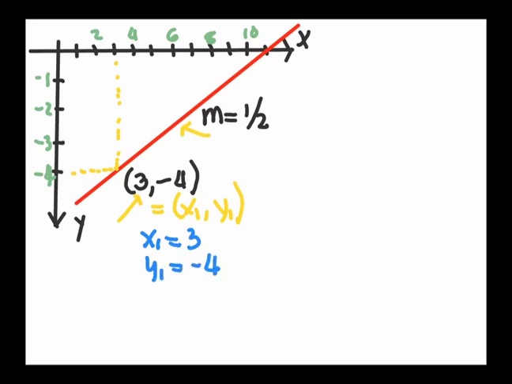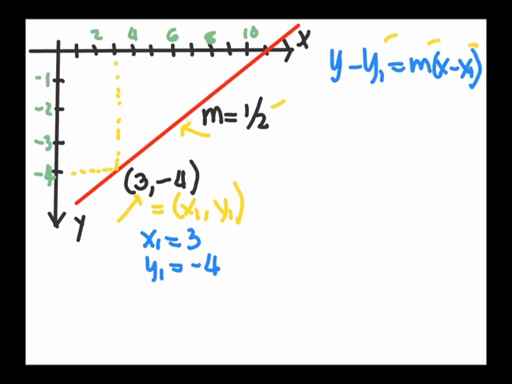Now, we'll derive the equation of the line given also this slope, which is equal to m, which is 1/2. Now, the point-slope form of the line is given by this equation: y minus y1 is equal to m times x minus x1. We'll now substitute the values of y1, m, and x1.